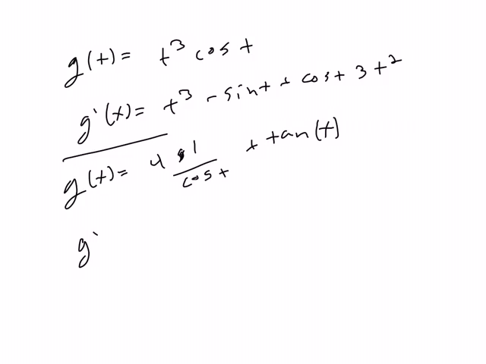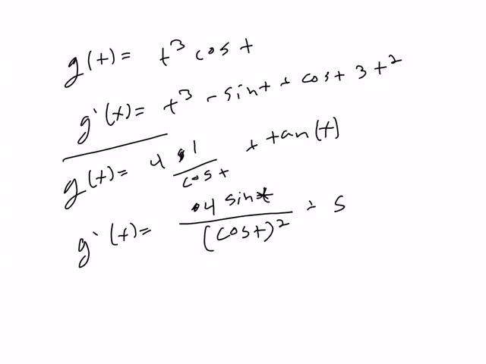So g prime of t is equal to, negative 4 times negative sine, so just sine of t, over cosine t squared, plus 4 secant squared of t.